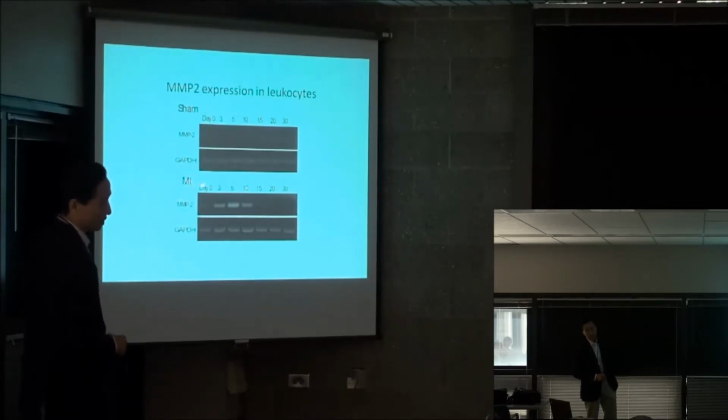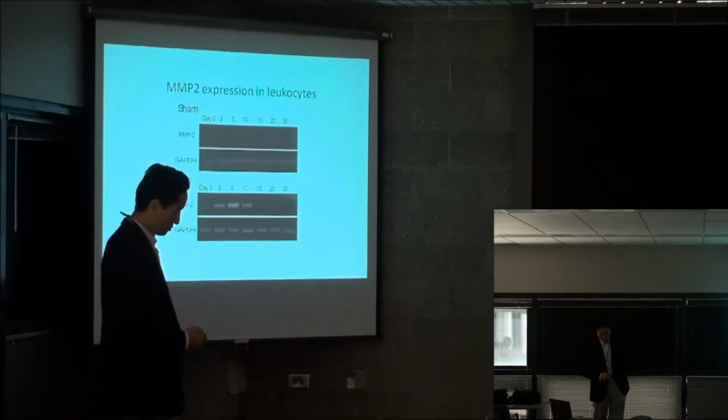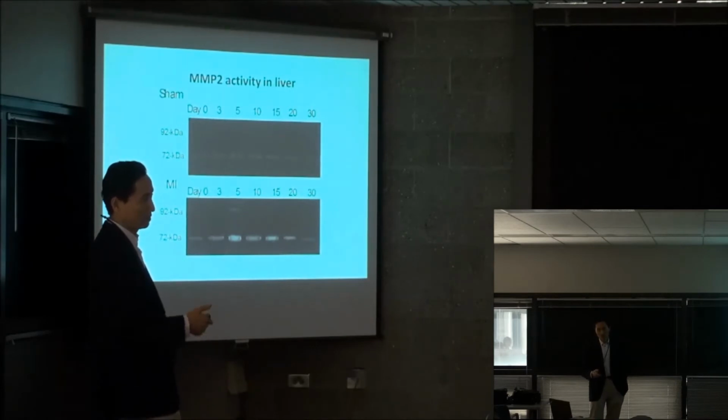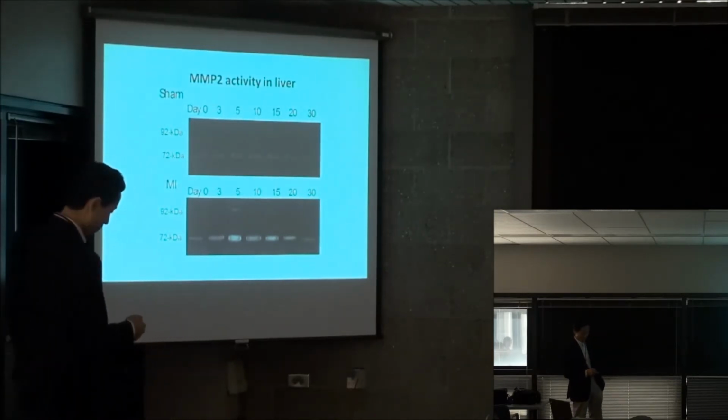However, in myocardial infarction, you can see upregulation of MMP2 messenger RNA at 3, 5, 10 days. So this shows that myocardial infarction induces upregulation of leukocyte messenger RNA of MMP2.